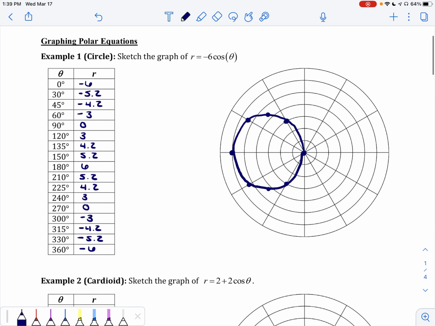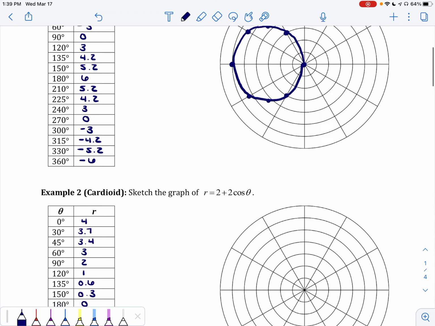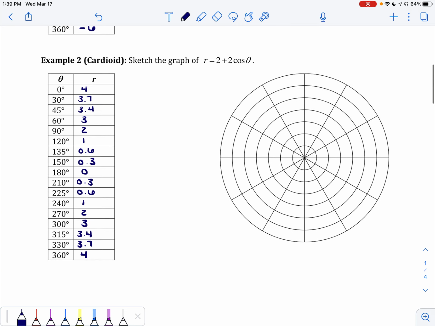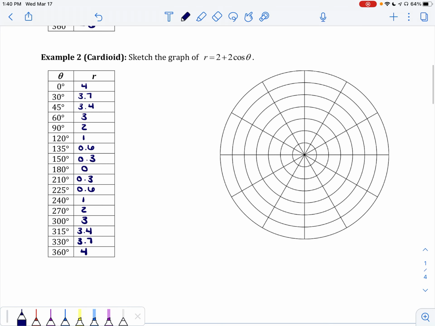All right, let's take a look at the next example. Okay, so just like we did in the first example, I put this equation into the y equals on my calculator. Your calculator should still be in the correct mode. Just clear out the equation in your y equals, put this equation in, go to the graph to see what the graph looks like.